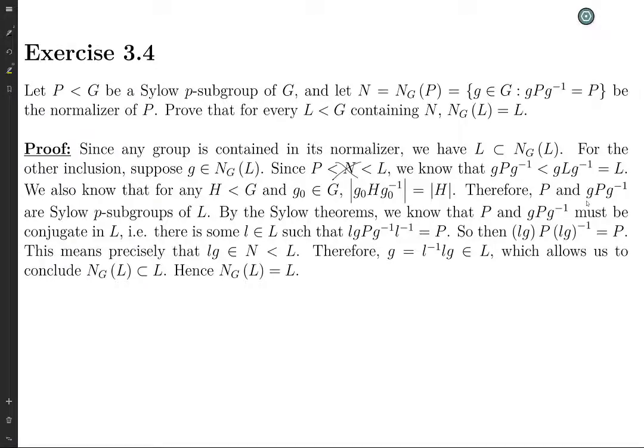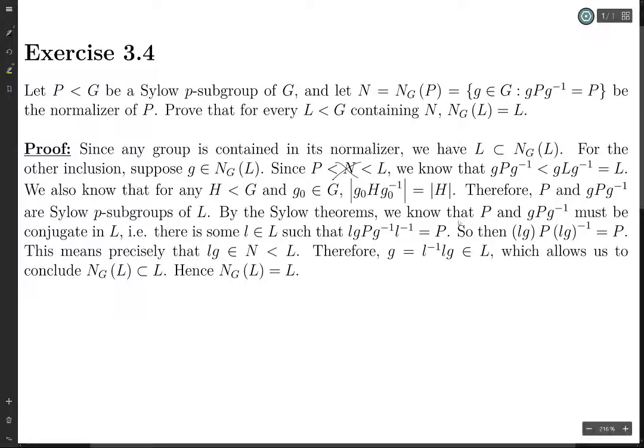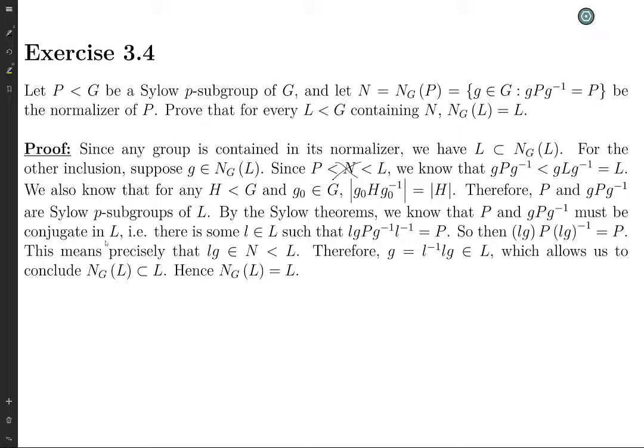Anyways, okay, so we have two Sylow P subgroups of L, and by the Sylow theorems, we know that these two Sylow P subgroups of L must be conjugate in L, and this 'in L' here is the key to this problem, because that's what's going to put everything together. We sort of knew already that P and gPg inverse would be conjugate because they're Sylow subgroups, but because they're subgroups of L, we get this conjugation to take place in L.